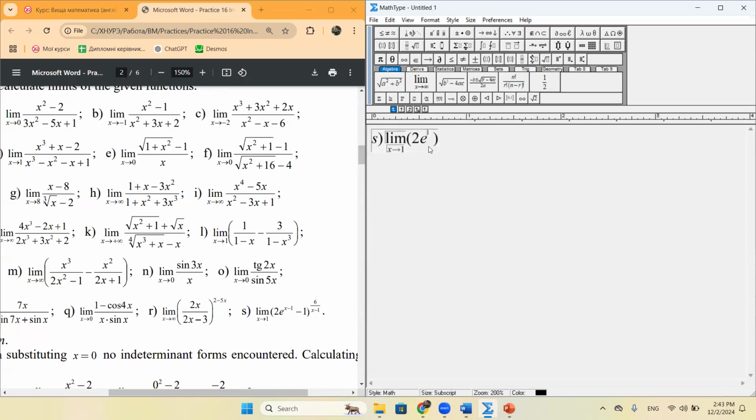So the second special limit and its consequences. So as well we have, yeah. So which indeterminate form do we have?